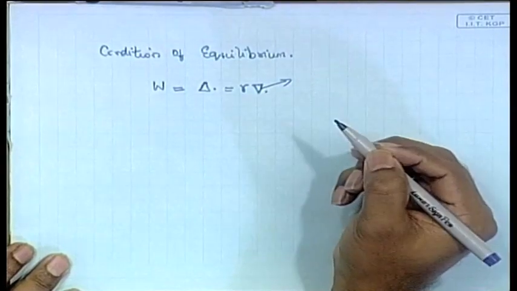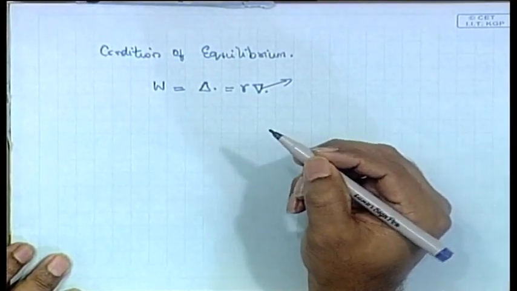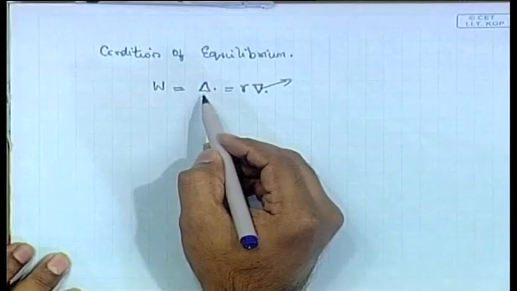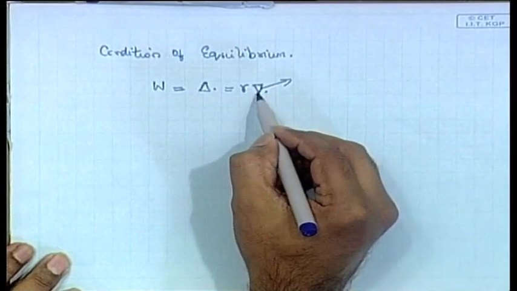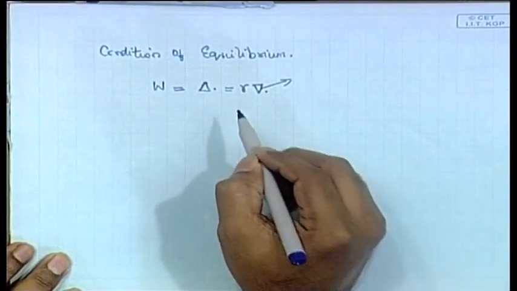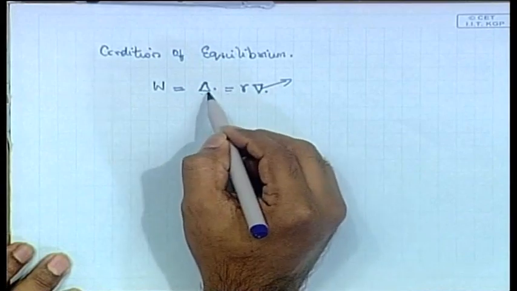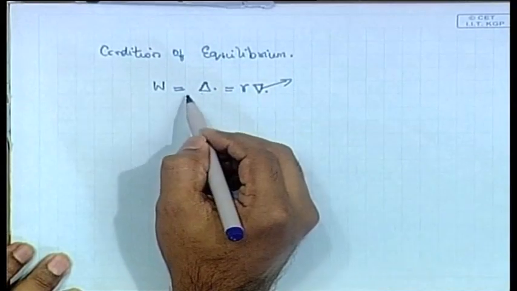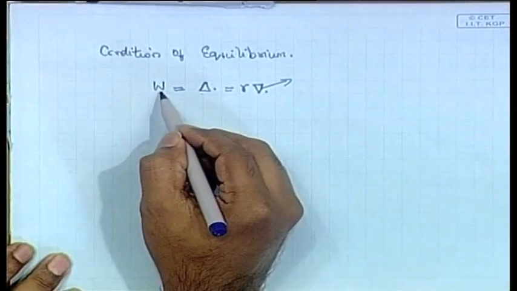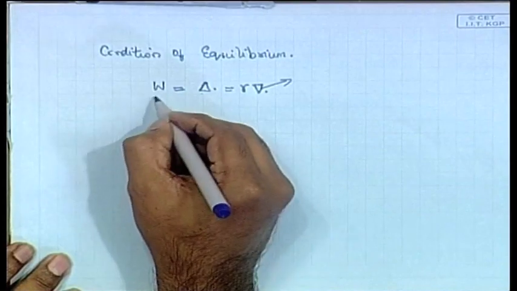Submerged volume into gamma will give you the weight of the liquid displaced. This is del, this inverted one is del, this one is delta. Delta is equal to gamma into del, it is actually the weight of the liquid displaced, it is the buoyancy force, it balances the weight of the body, that is what this shows, this is the weight of the body.